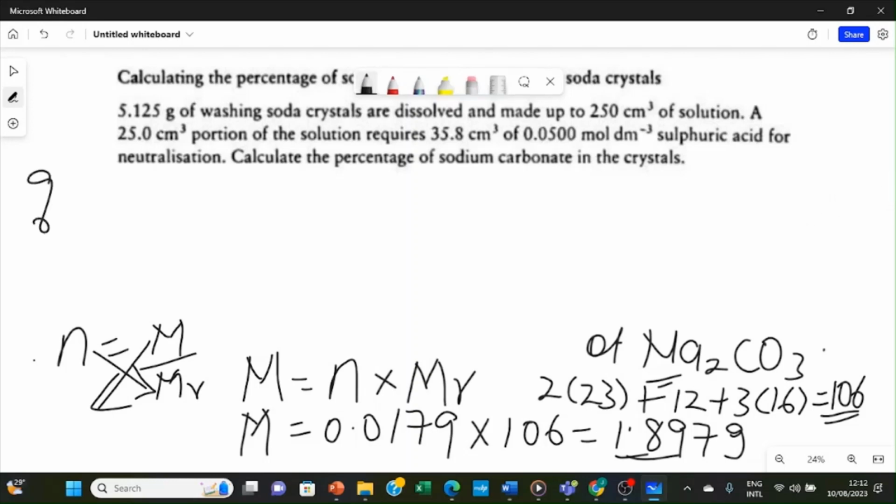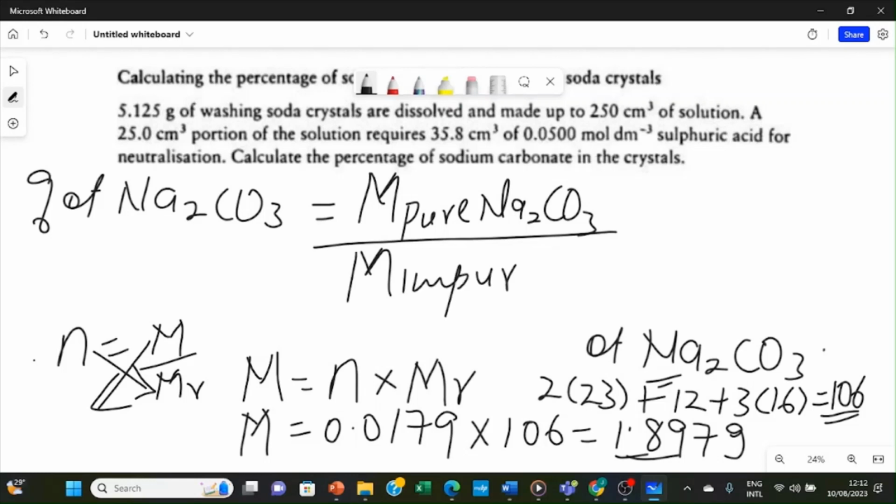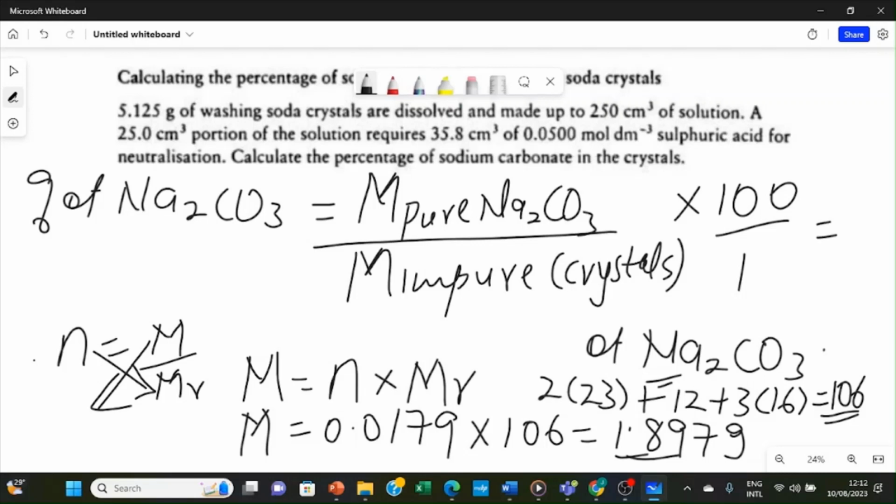So percentage of sodium carbonate in the crystal will be equal to what? The mass of the pure sodium carbonate over mass of what? Impure, which is the crystal, times 100 over 1.